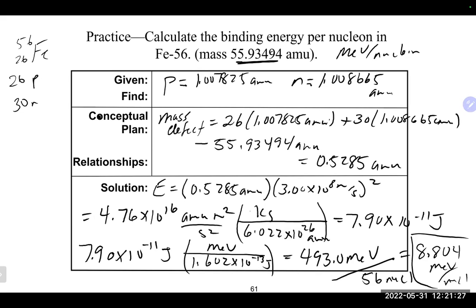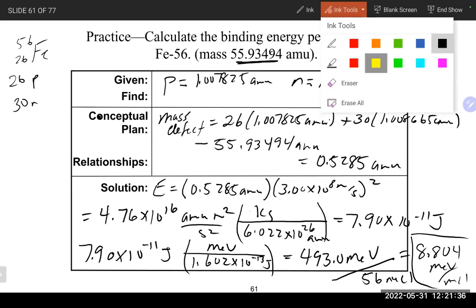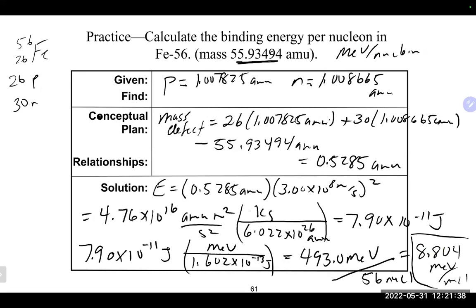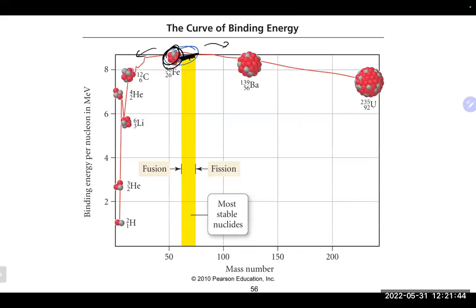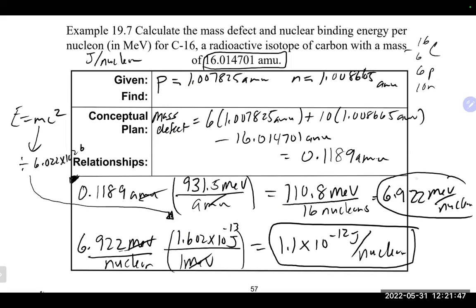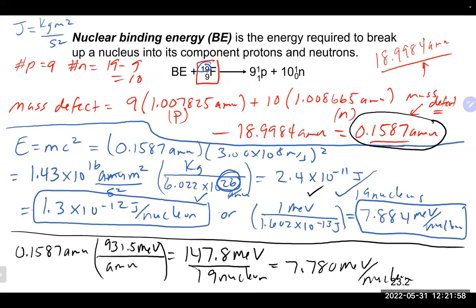So again, we could use our nuclear binding energy per nucleon as a measure of stability. If we look at the three that we just calculated, our iron-56 was about 8.8 mega electron volts per nucleon. Our carbon-16 here was 6.9, which is less, and our original fluorine that we did back here was about 7.